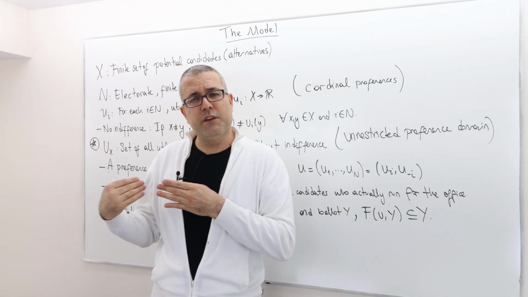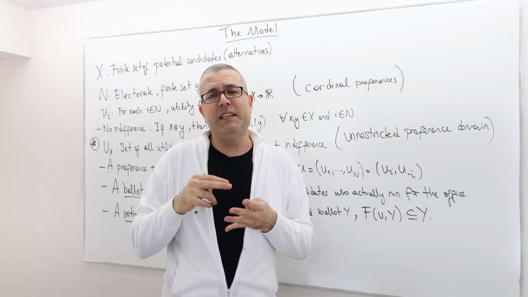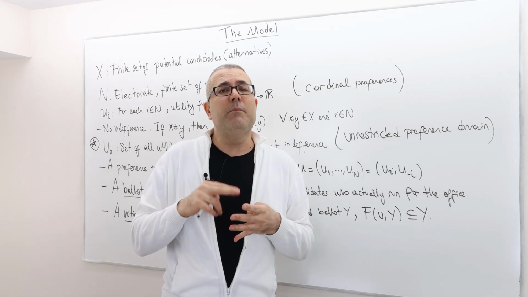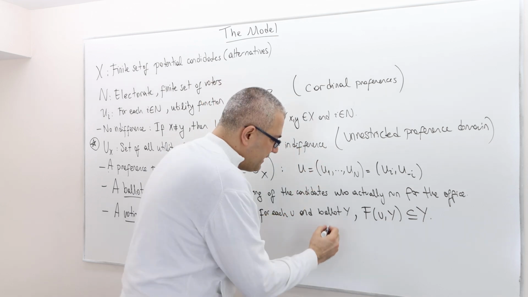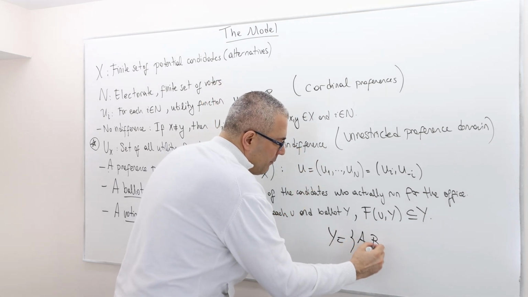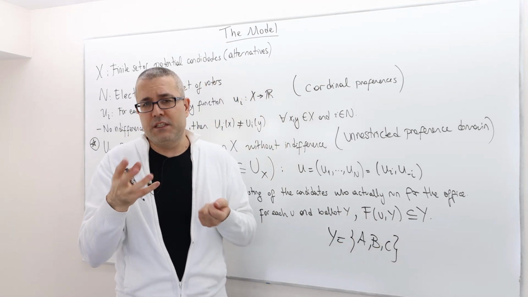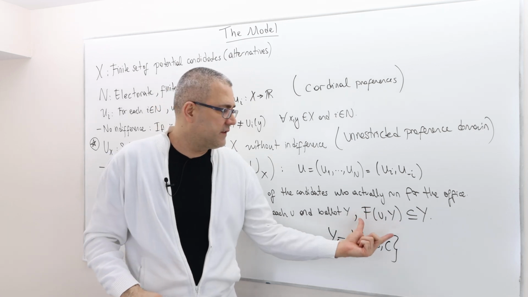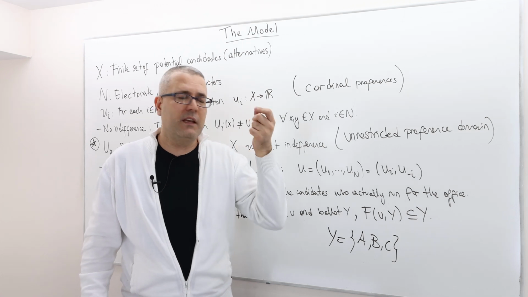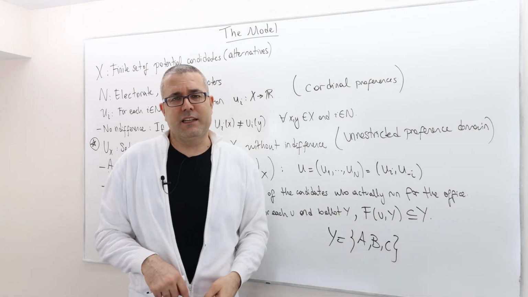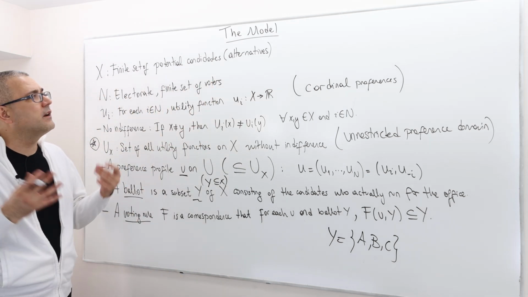If you remember our examples in the previous videos, we had 4 candidates, A, B, C, D. Maybe only A, B, and C run for the office, and so Y is not A, B, C, D, but this set, A, B, and C. If you change Y, obviously the value of F is going to be different, but whatever it is, the voting rule is going to choose some candidates in the set Y. So that's how we describe the voting problem.